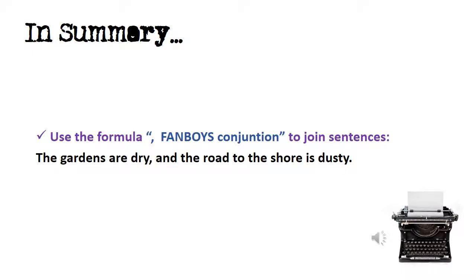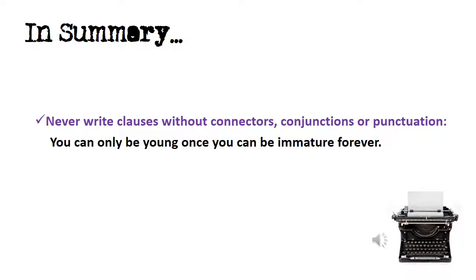Also, remember to use commas before coordinating conjunctions, and that coordinating conjunctions are for, and, nor, but, or, yet, so. In this example, the gardens are dry, and the road to the shore is dusty. We can see a comma before "and." Finally, never write clauses without connectors, conjunctions, or punctuation.